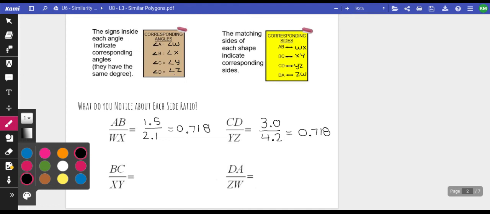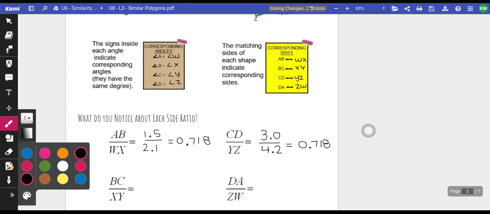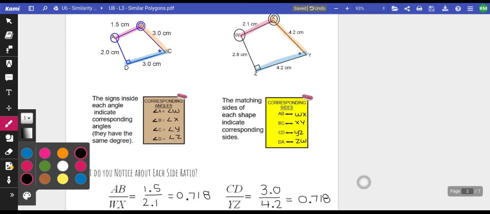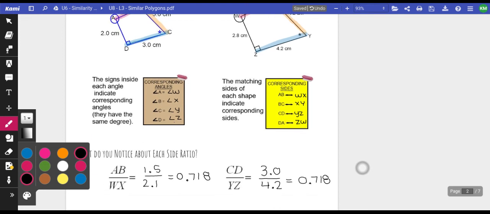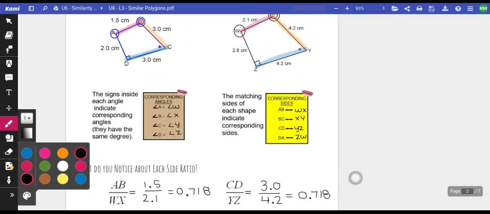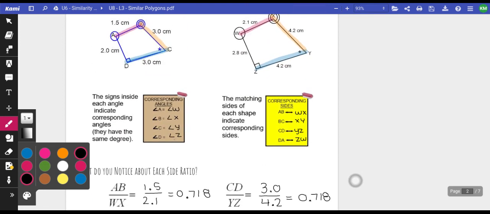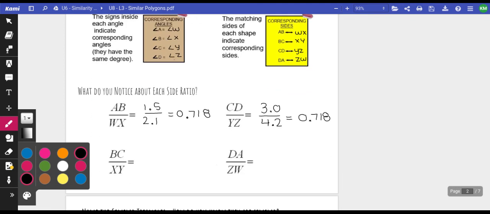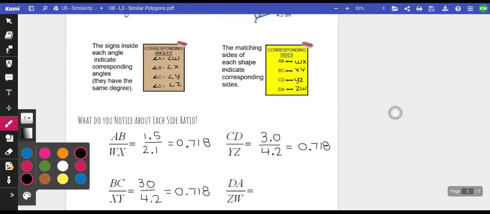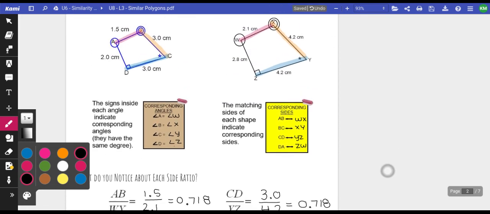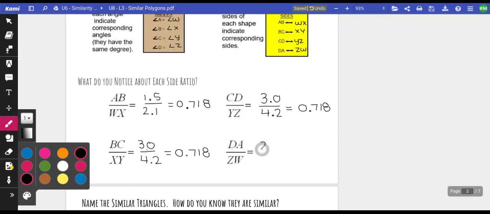Weird. Okay, well, let's do another one. BC over XY. So BC is, oh, did I do that wrong, kids? No, I think we're okay. It's 3.0 over 4.2 again, isn't it? And we just crunched that. It makes sense. That would be the same. Do you think the last one will be the same? DA over ZW. 2.0 over 2.8.